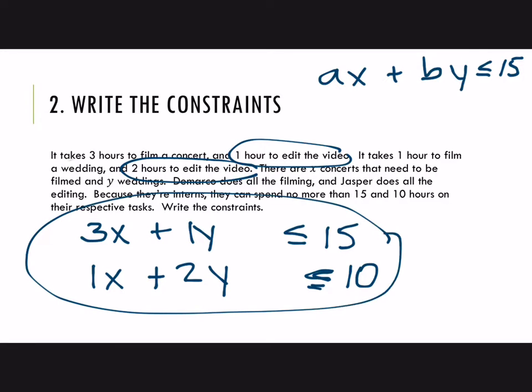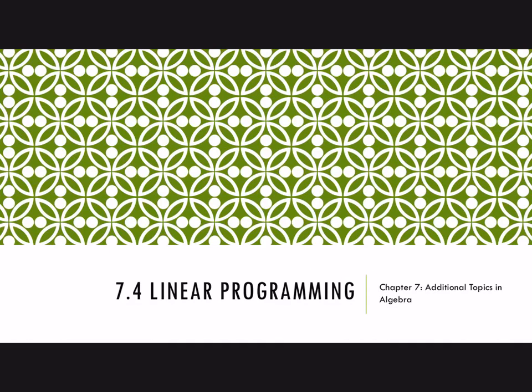Okay, so there are the two constraints. And then the implied ones, okay, we have some minimum values for x and y. There can't be negative numbers of concerts or weddings. So both x and y have to stay greater than or equal to 0. All right, that's some practice with writing the objective function and the constraints.